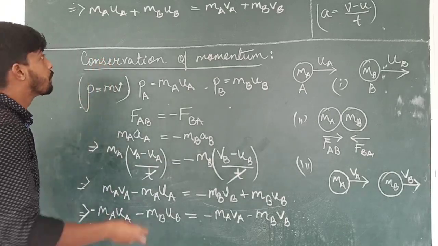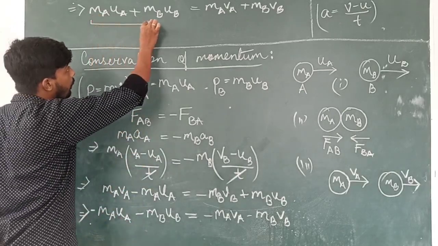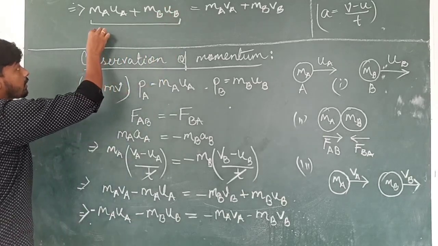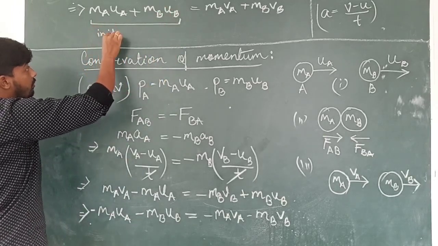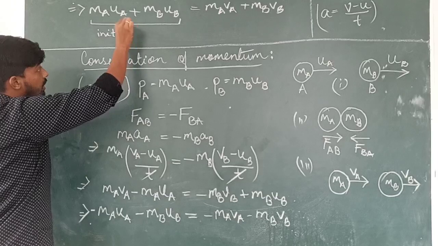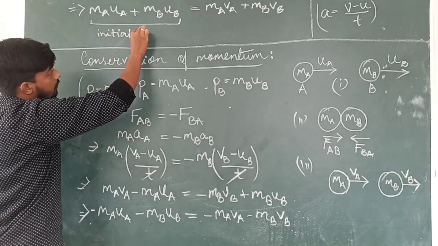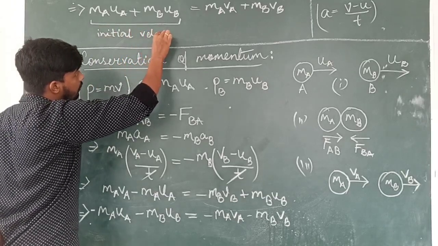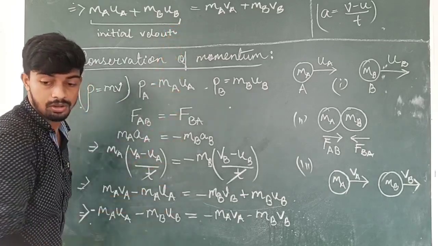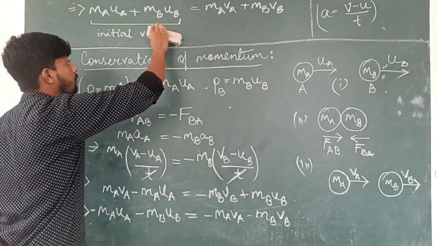So in this equation, if you see, this is the initial momentum, sorry, not initial velocity, it will be initial momentum.